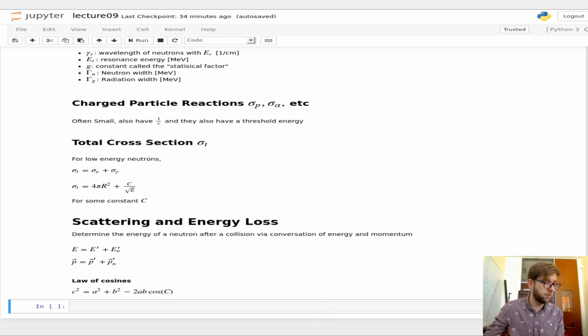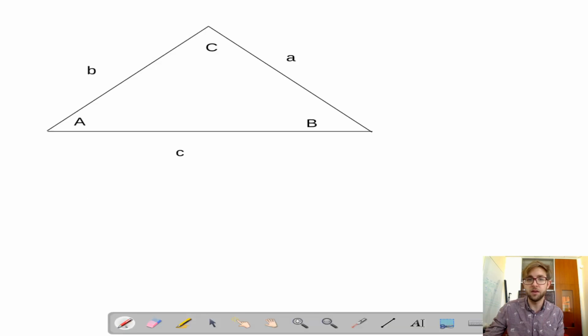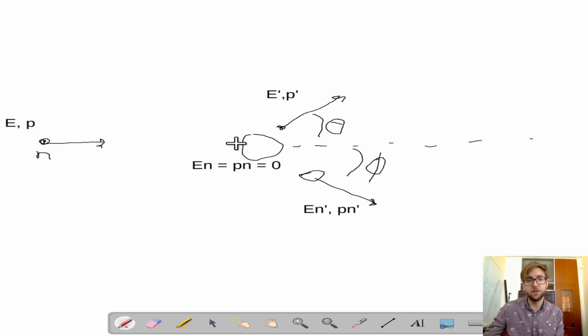And so we can apply this to our momentum equation. If we go back and look at this expression, we can bring in this momentum here, the side length of the momentum here, that will form the bottom of the triangle.